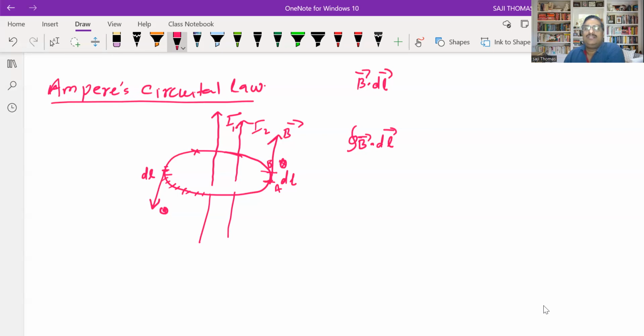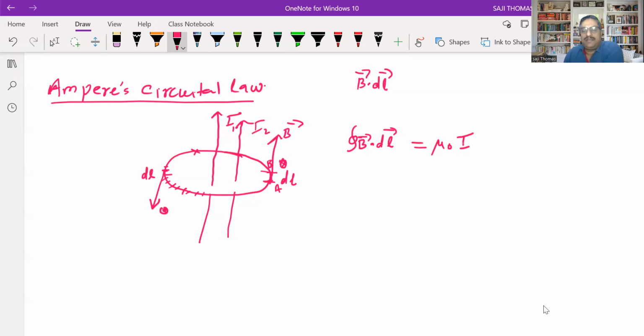Now you add the B dot dl for all such elements, which are infinitesimally small. That addition is known as the integral of B dot dl. This is known as the line integral of the magnetic field, and this is equal to mu0 times the current. The current is the net current, the total current passing through this loop. This is the statement of Ampere's Circuital Law.